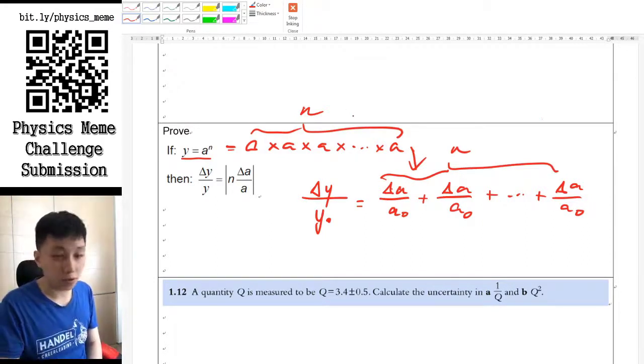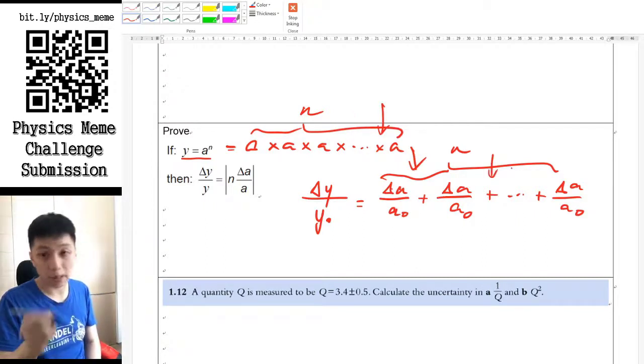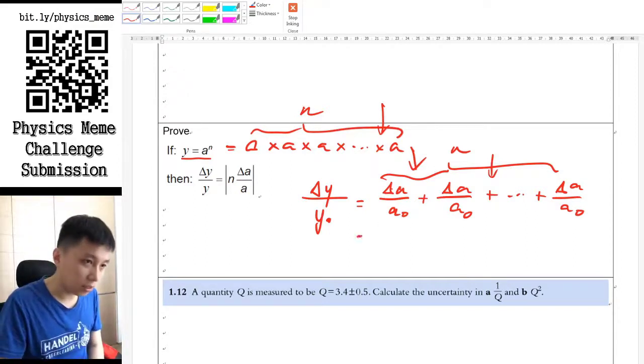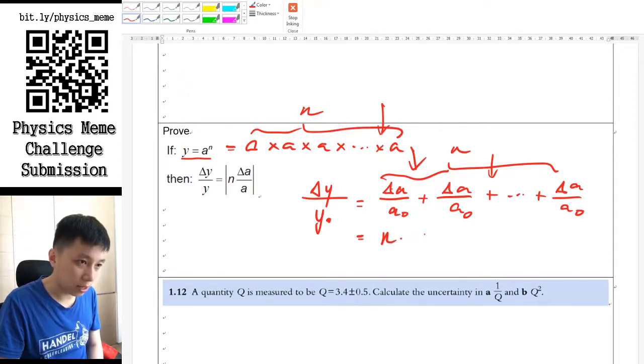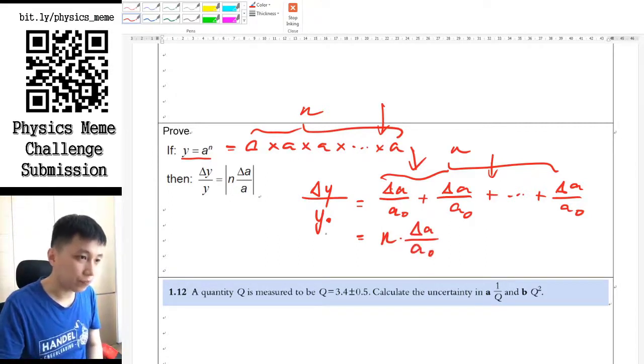Not to be confused, these are multiplied, these are plus. So at the end, you can deduce this into n times delta A over A log, because there are n of these added together.